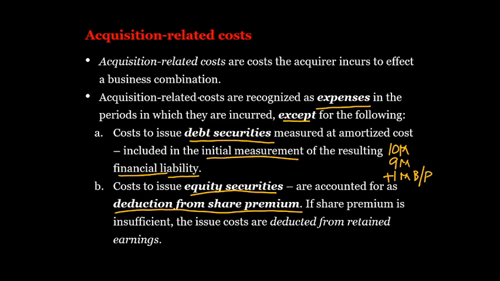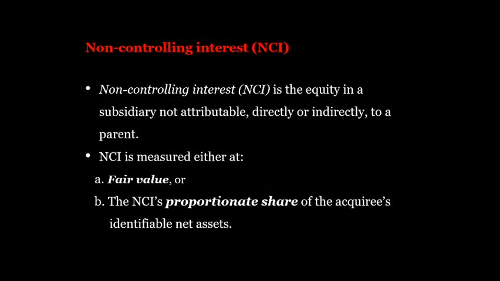But since there are other costs involved, you're going to remove that from your APIC or from your share premium. Now, if share premium is not enough, balik na naman tayo sa FAR, ubos na yung APIC mo, we're going to use your retained earnings. Okay. Kunyari, nag-enjoy pa tayo.